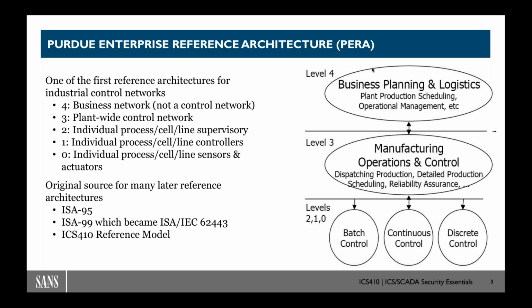With level 0 being the very bottom, where your individual process or your individual manufacturing cells or manufacturing lines had their sensors and their actuators. Level 1 was for the controllers, be that some type of a PLC or a DCS controller or some other type of machine controller that was there, right?